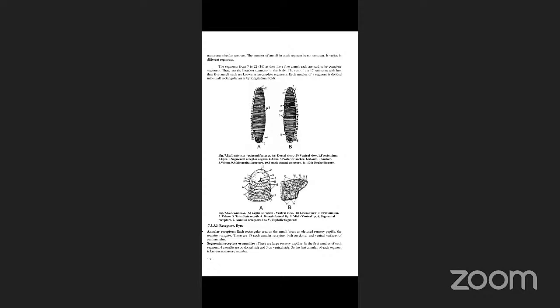And the segmental receptors are sensillae. These are large sensory papillae. In the first annulus of each segment, 4 sensillae are present on the dorsal side and 3 sensillae are present on the ventral side. So the first annulus of each segment is known as the sensory annulus. Okay.